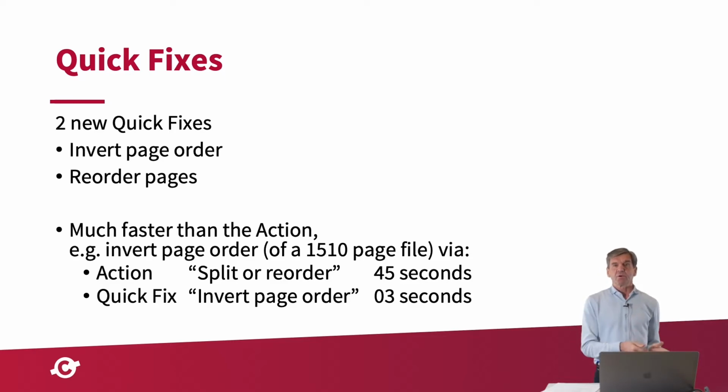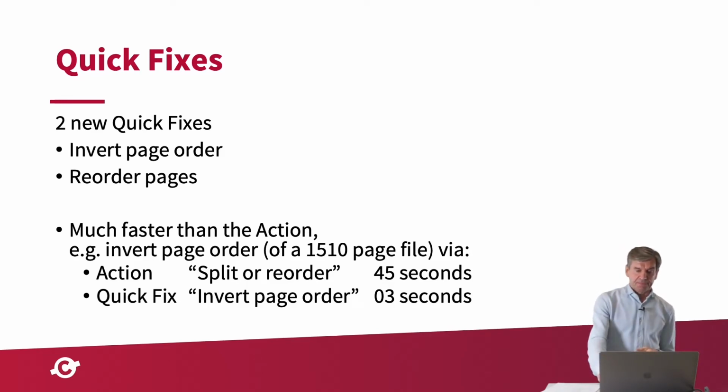I did it in the preparation of this presentation: I used the action split or reorder to invert the order of pages, and it took me 45 seconds. With the quick fix, it was only 3 seconds. So there is a huge difference when it comes to big PDF files. Big meaning lots of pages.